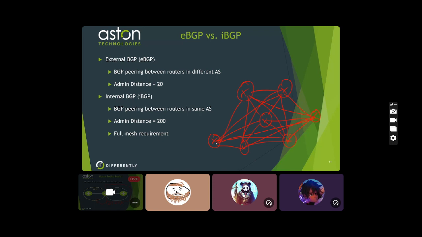Most routers just don't even have that many ports. Two, that's a jumbled mess. So there are some ways to get around that full mesh requirement. We're not going to talk about them right now. We'll save that for the advanced routing lab once you're greenlit. But know that this full mesh requirement exists, and there are a couple ways to get around it.